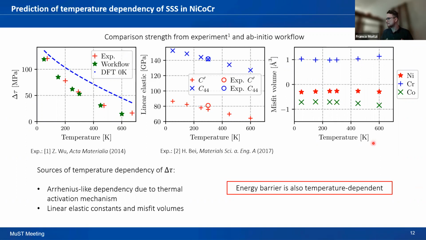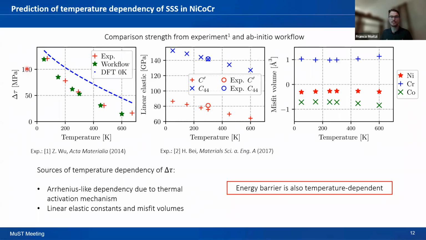So the misfit volume, even though you have thermal expansion, is actually quite constant here. But you really have a significant softening in the linear elastic properties. And if you combine this into the model, you'll see that our workflow can actually predict quite accurately the experimental value for this critical resolved shear stress.